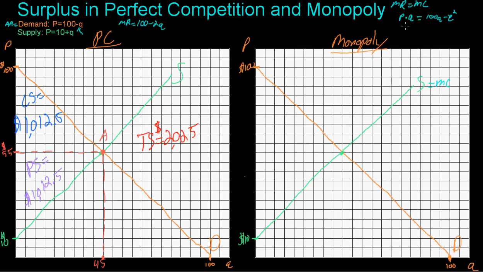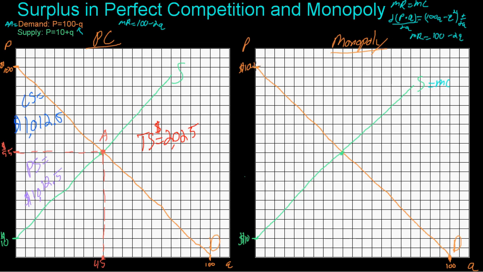And then we take the derivative of total revenue with respect to quantity. So it gives us that marginal revenue is equal to 100 minus 2Q. So either way, we get the same answer, 100 minus 2Q.